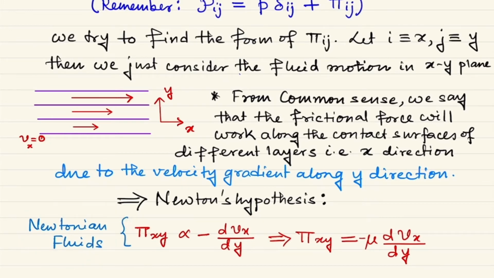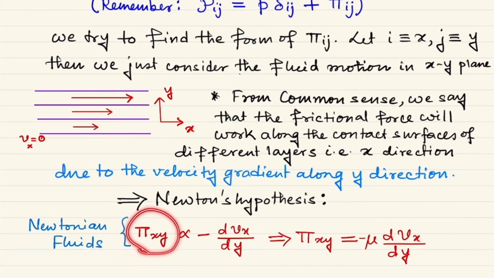Okay. So most of our everyday fluids which we come across can work moderately well under this Newton's hypothesis. So in a sense, all of them are moderately well approximated as Newtonian fluids.